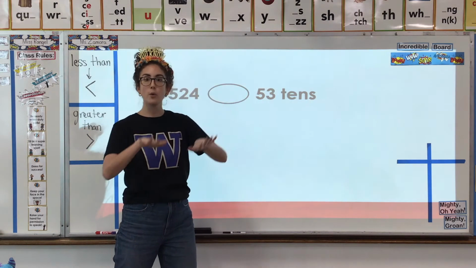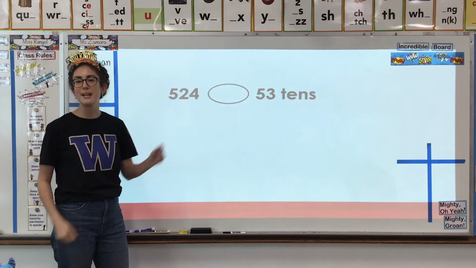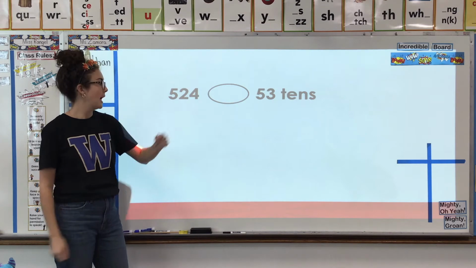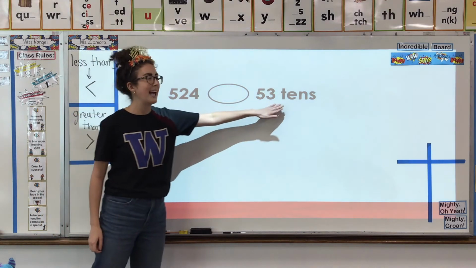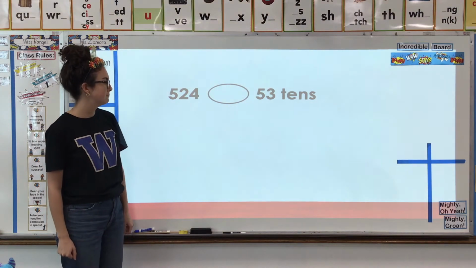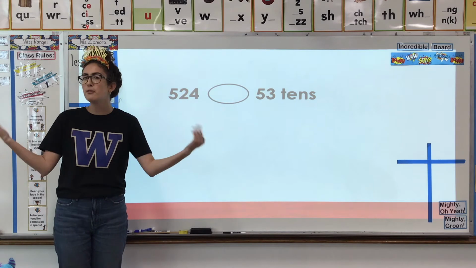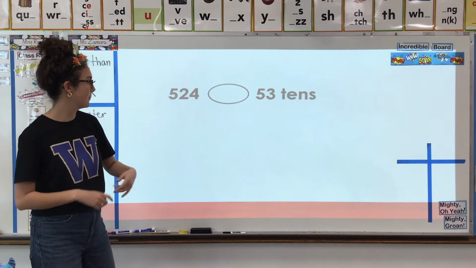So first, on your whiteboard that you have been using, we are going to be completing this number sentence to compare 524 and 53 tenths. So second grade, before we can compare, what do we need to do first?